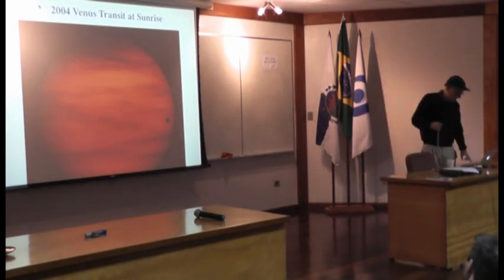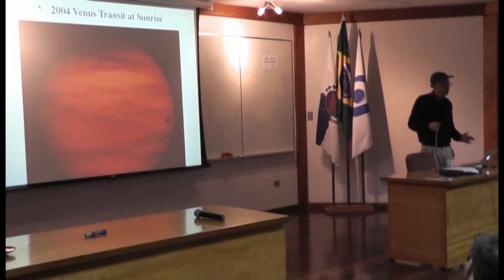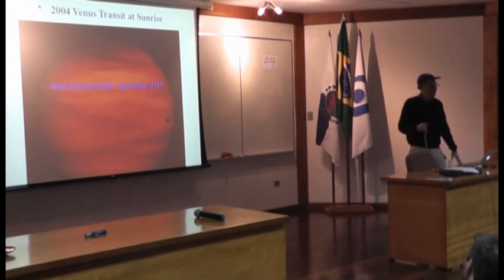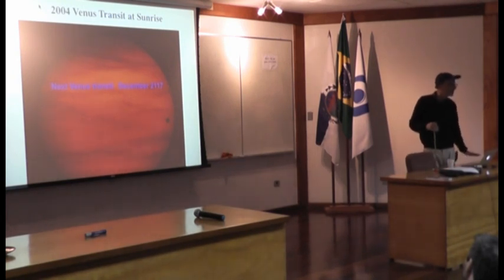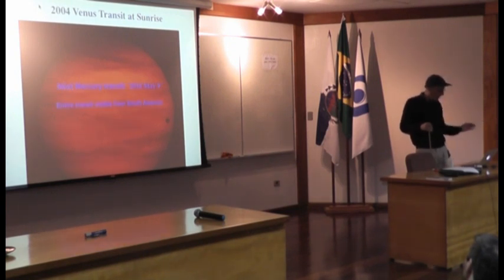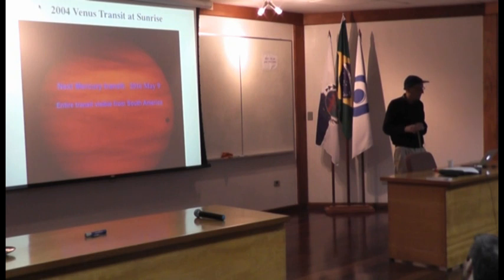Now, if you're interested in observing a Venus transit yourself, you better live really healthy, because the next one is in 2117. But I've got good news for you. Not quite as good as the Venus transit, but the other planet that transits is Mercury.